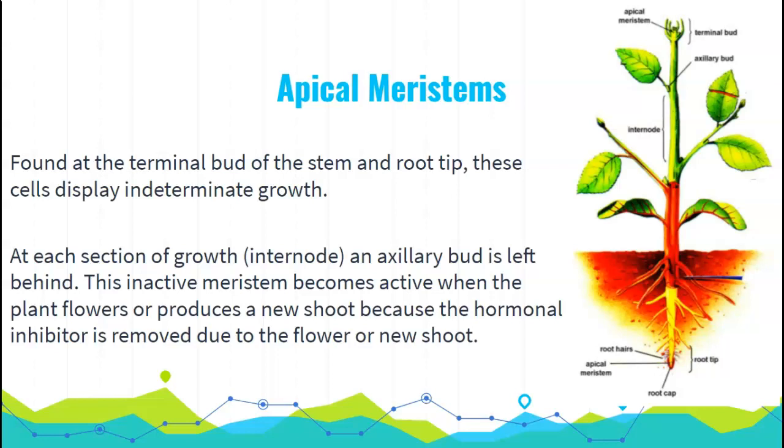Once you have these additional leaves start to grow, the axillary buds are no longer inhibited, and they will begin to grow their leaves or branches or whatever it may be. So to reiterate, as a plant grows from the bottom, it will create these axillary buds.